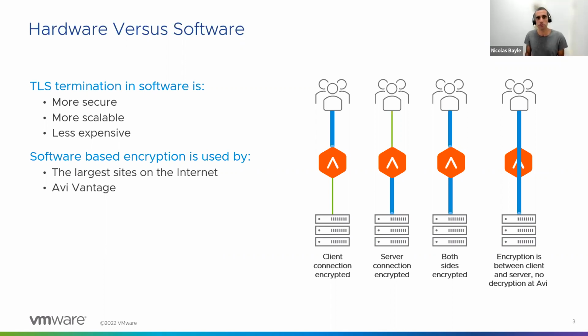It's also less expensive because if you are using physical appliances like F5 or other legacy load balancers, basically you need to forecast the amount of traffic years in advance. Well, with AVI, we just need to know what your current traffic is, and little by little you can increase the licenses that you require.